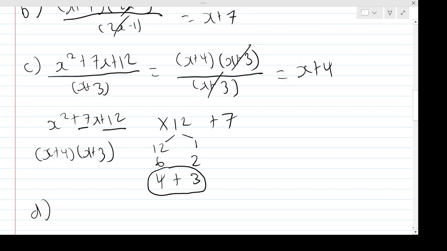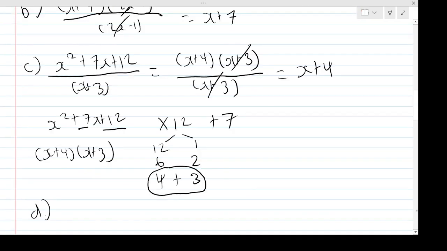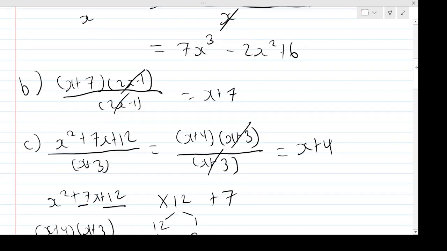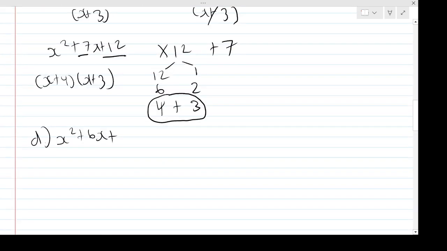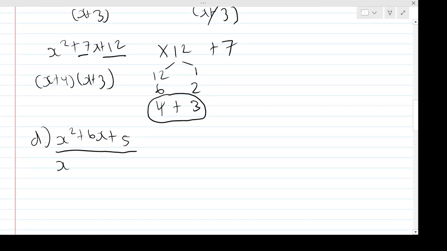Okay, part D, we have this fraction here: x squared add 6x add 5 all over the other quadratic, x squared add 3x minus 10, I believe.